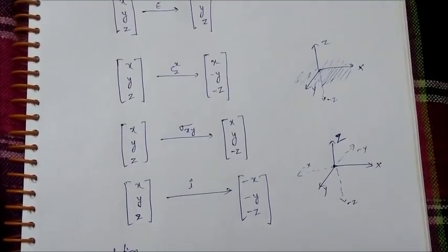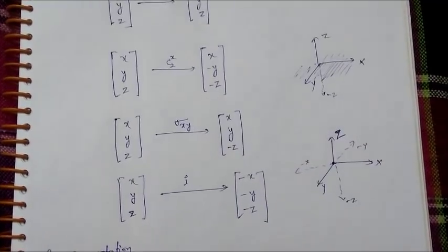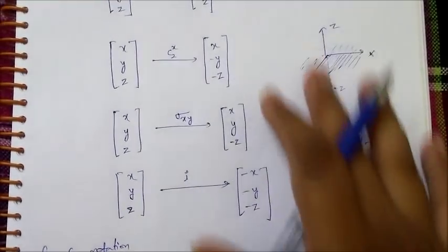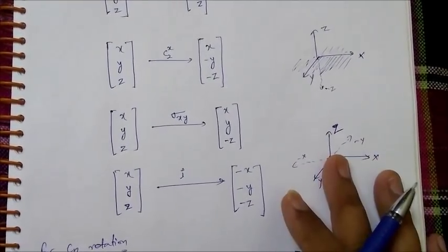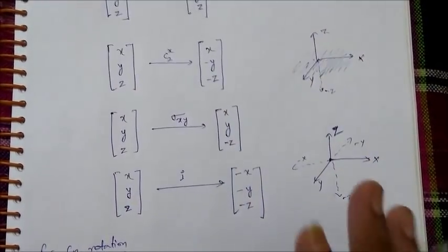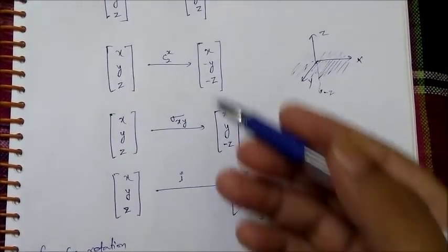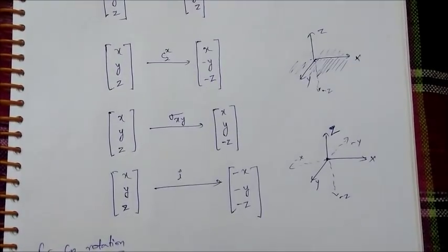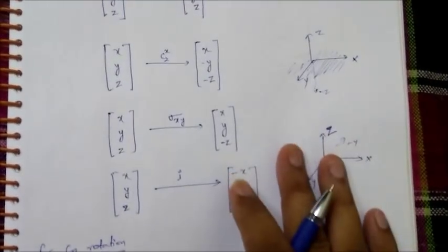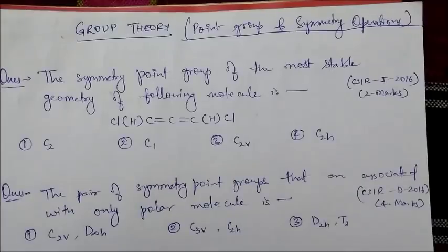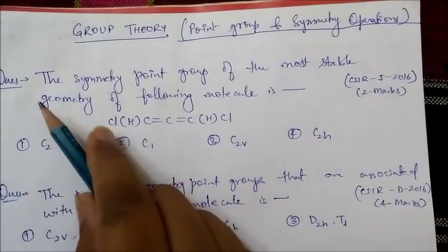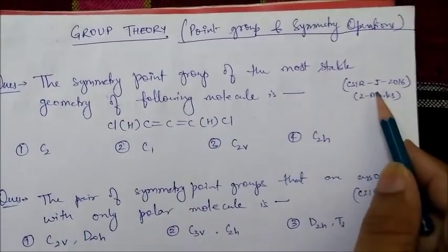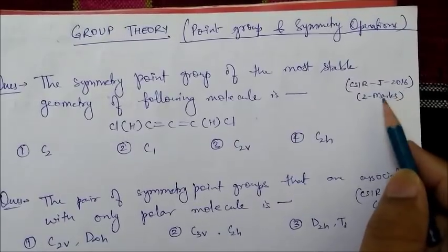So now let's solve a few questions. Some of them will not be on this, so first we will solve those questions which are not on all these things. Later on we will go to the questions on the multiplication of two symmetry operations. The first question came in CSIR June 2016 exam for 2 marks.